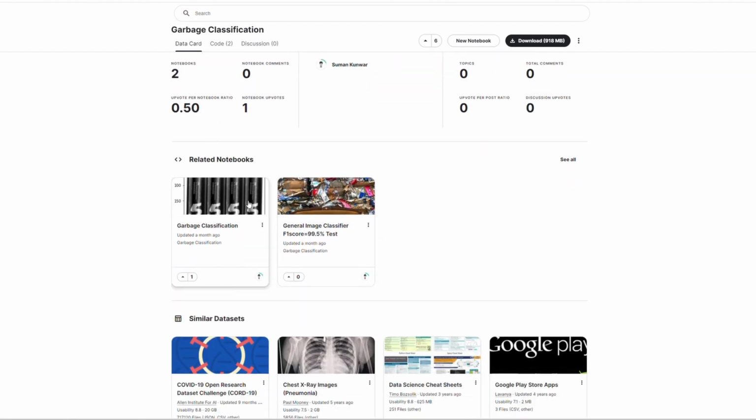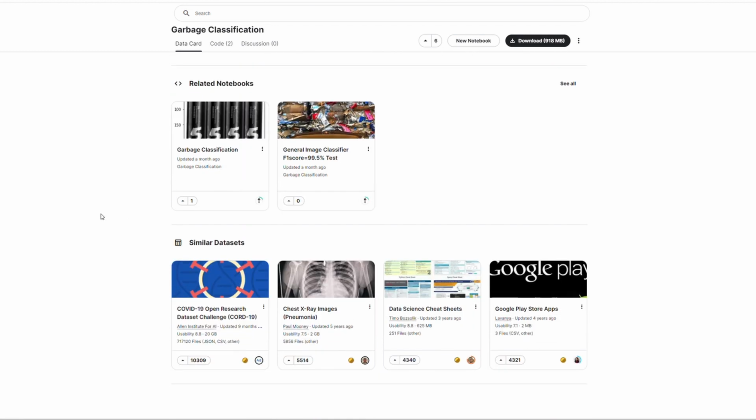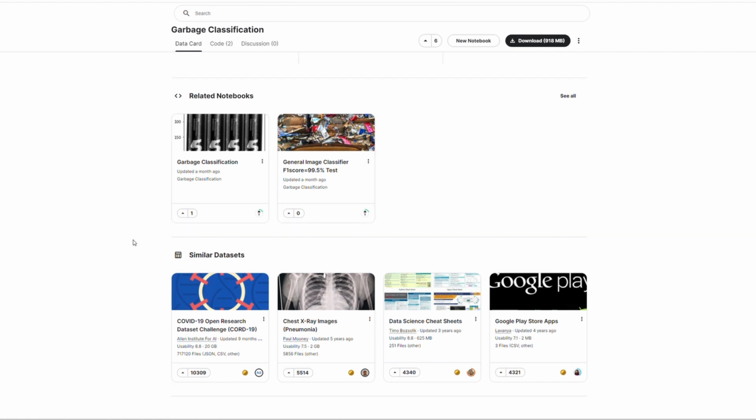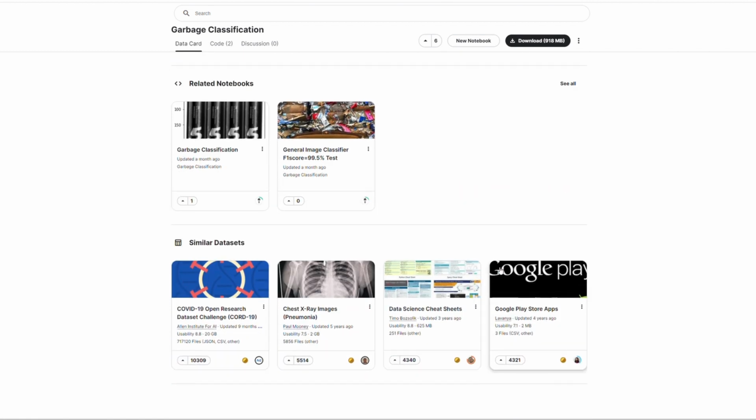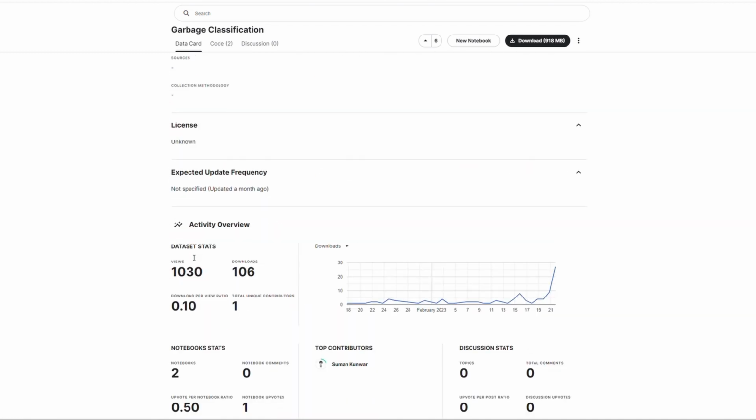Related notebooks, so we could see actual uses and tools that are using this data set. So here, this is another question that is in your dataset dissection sheet: who else is using it? Where has it been used? And finally, you have similar data sets, which you can ignore. These are automatically generated.